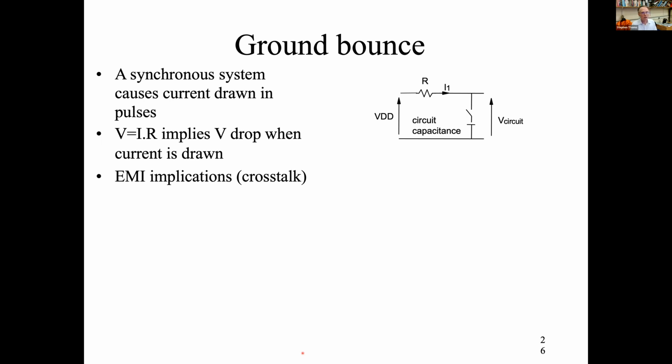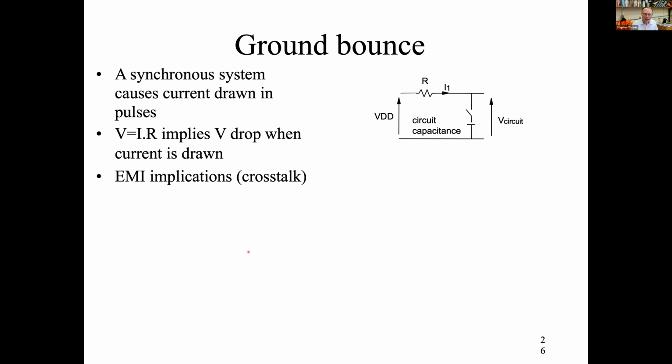Another issue to consider is ground bounce when designing a system. Our systems, as I've said, typically will have a clock, so they're synchronous, and they have pulses of current at the clock edges. And of course, if you've got a pulse of current, then the voltage will drop when the current is drawn.